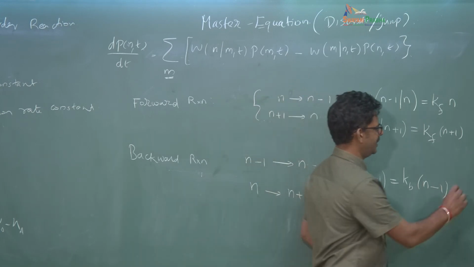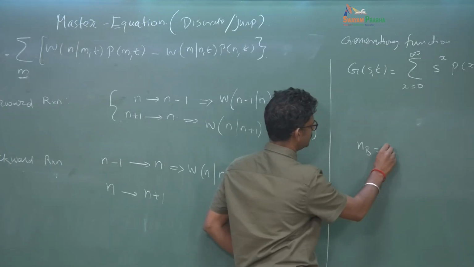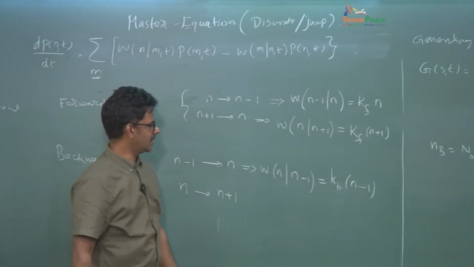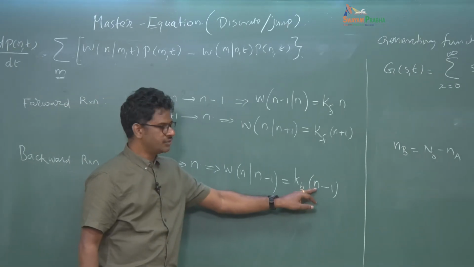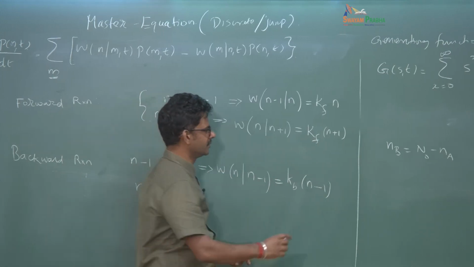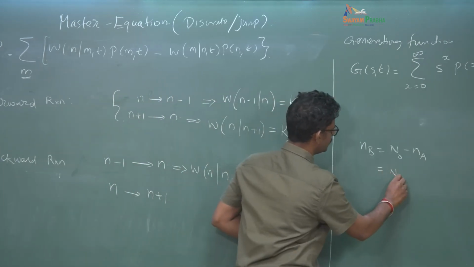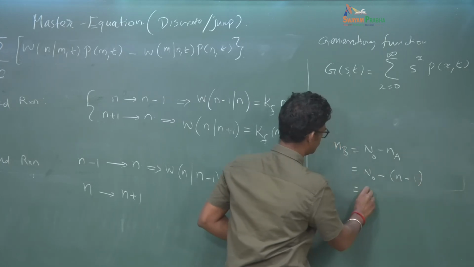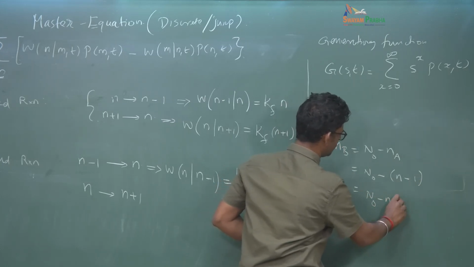Note that Nb is equal to N naught minus Na. Now I am interested in, if the number of molecules of A is n minus 1, what would be the number of molecules of B? That would be N0 minus n minus 1. So this is n naught minus n plus 1.